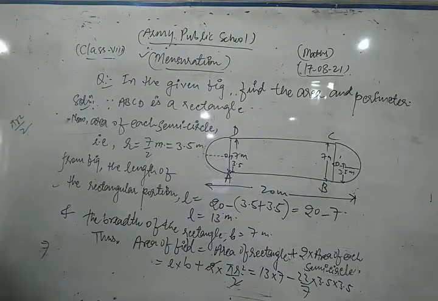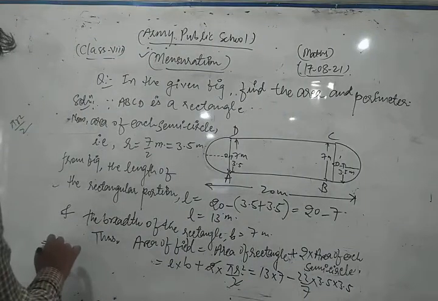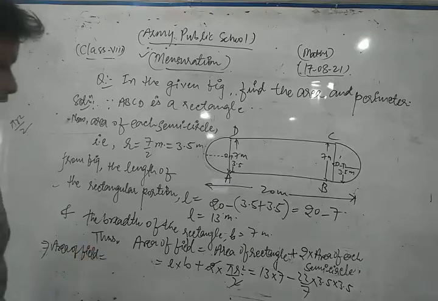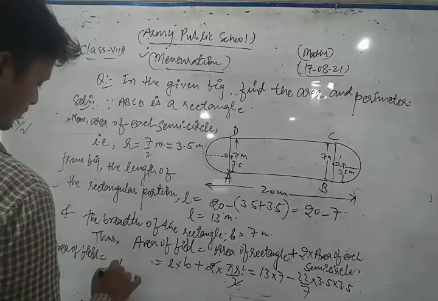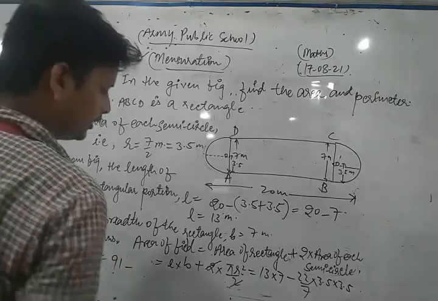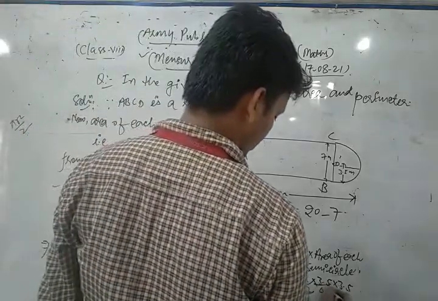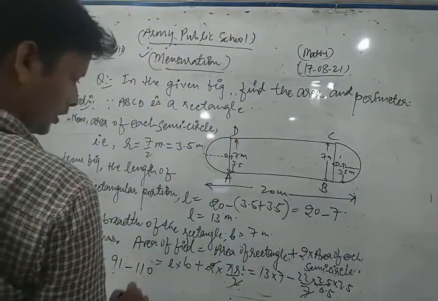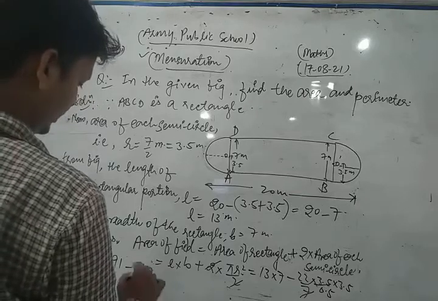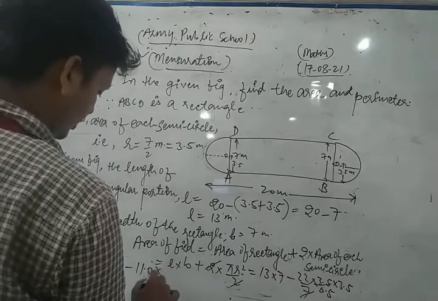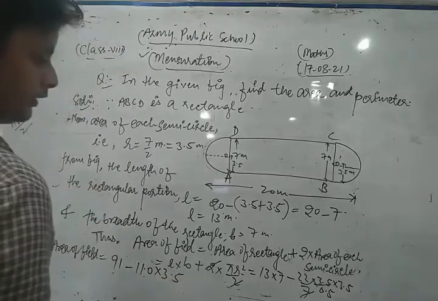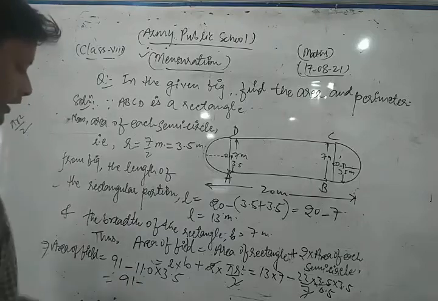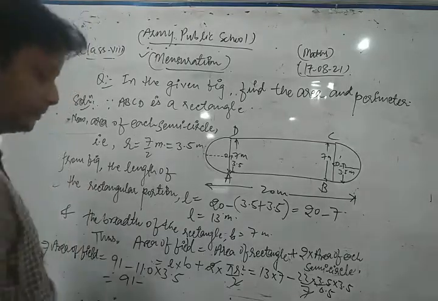Now we get the area of field is what? 91 minus, this is 7 into 5, 0.5. Now 11 into 3.5. Now 91 minus 11 into 3.5, which is what?